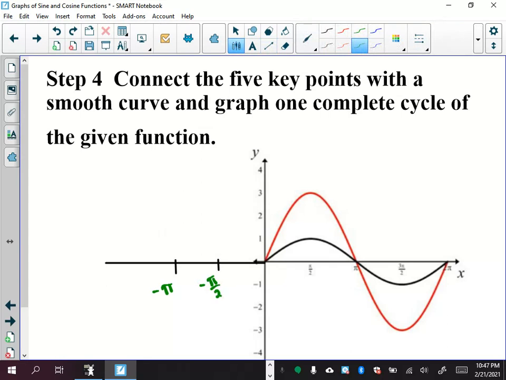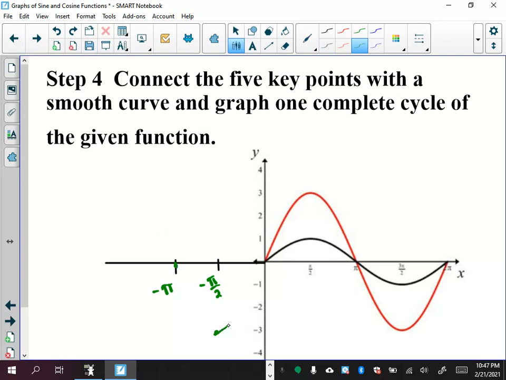Okay. So if you take a look at this, and remember I told you that this cycles all the way through. So if I'm going up here and I come down and I come up, that means if I was to continue on from 2 pi, I would go up. But if I'm looking over here and I'm going in this direction, that means I'm going to come down. And in this case, I'm going to come down to this negative 3 right here. And then I'm going to come over here.